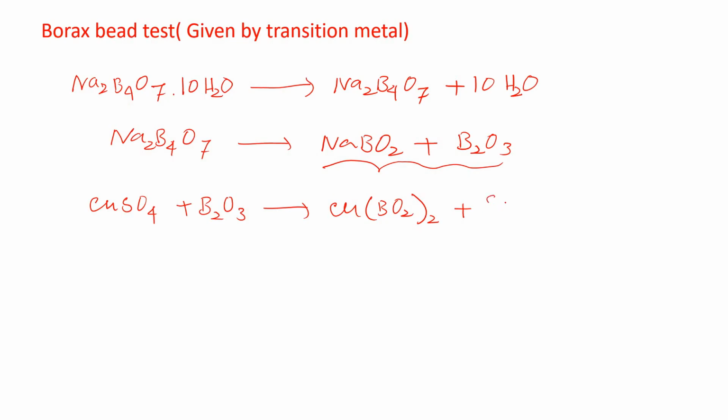Sulfuric acid anhydride is sulfur trioxide. Okay. And these metaborates of the transition metal cations are colored. Say this one is green when hot, and blue when cold. When cold, in 1 minute.